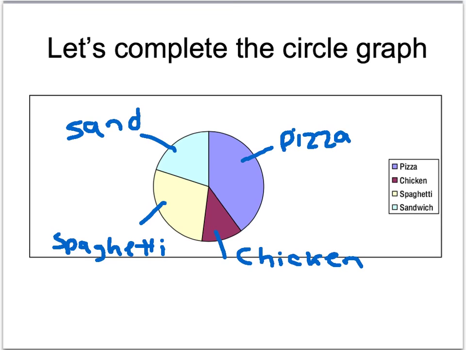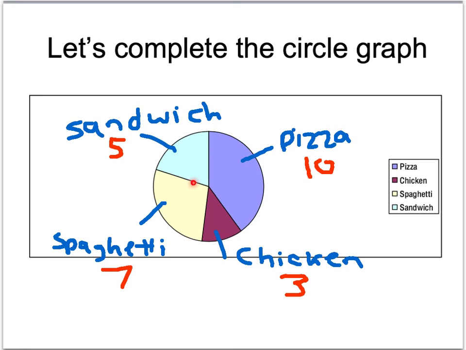Do you remember each of those numbers associated with that? I remember pizza was 10, I remember sandwich was 5, and then I have to go look up the other ones. They were 7 for spaghetti and 3 for chicken.